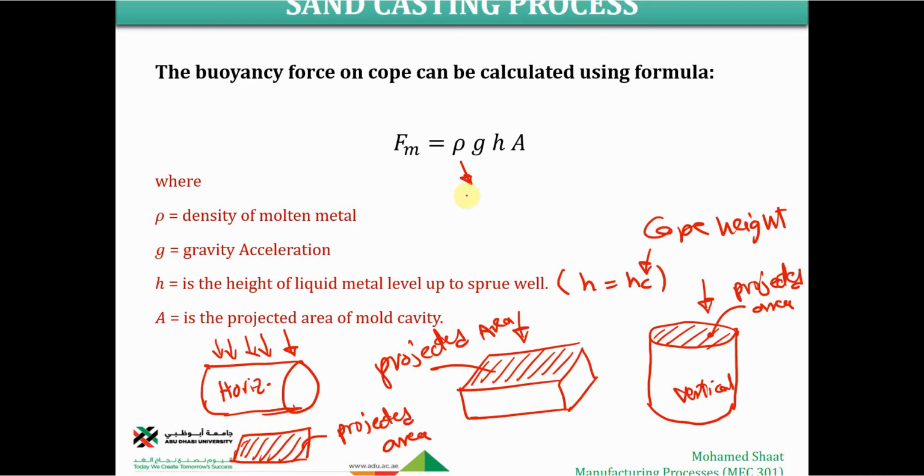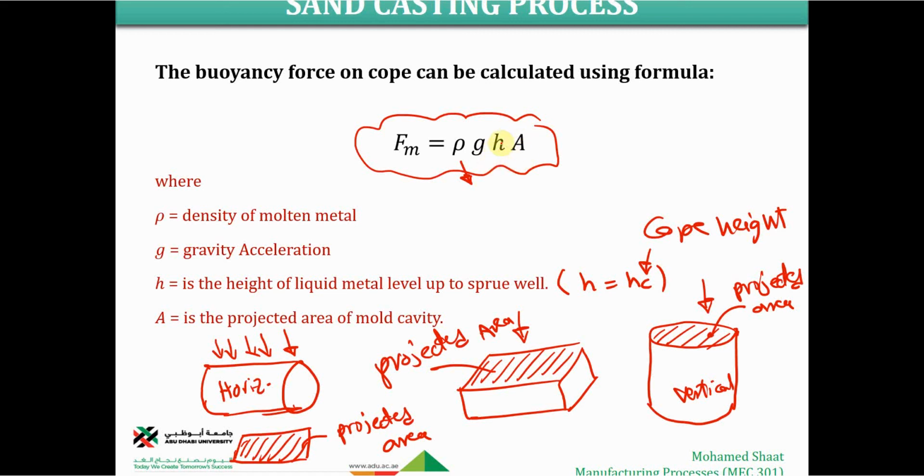But anyway, this is the equation, the formula that we're going to use for the buoyancy force calculation. It is the conventional buoyancy force of fluid mechanics: rho, the density of the molten metal, times g, times h, times the area.